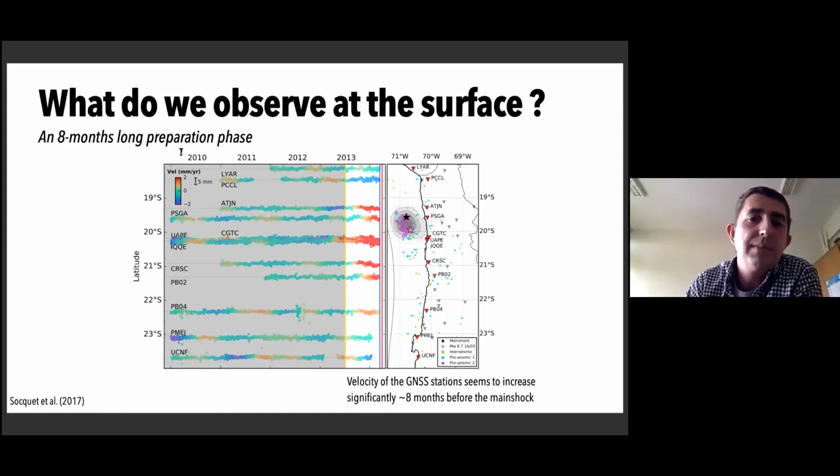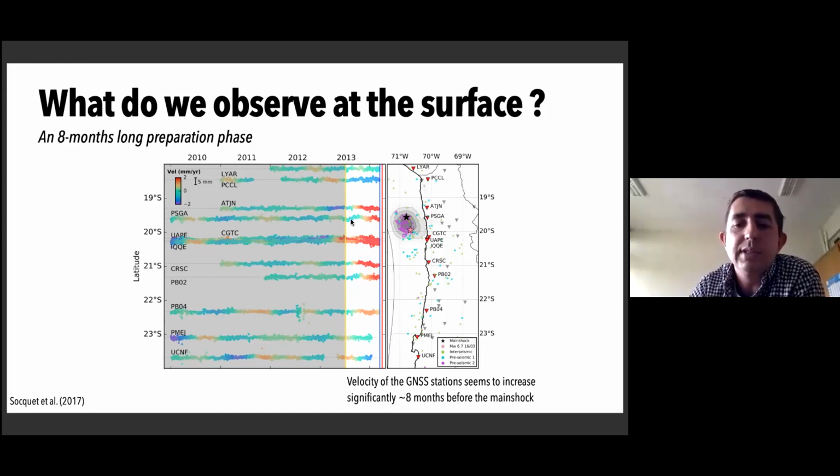And what you can see is that between, let's say, 2010 and 2013, there was pretty much nothing going on, apart from some fluctuations that might be due to many different types of reasons. But what was more interesting is that when you look at the final stage, you could see that the GPS data close to the future main shock really start to accelerate, showing increasing displacement at the surface that was going faster and faster as time goes.